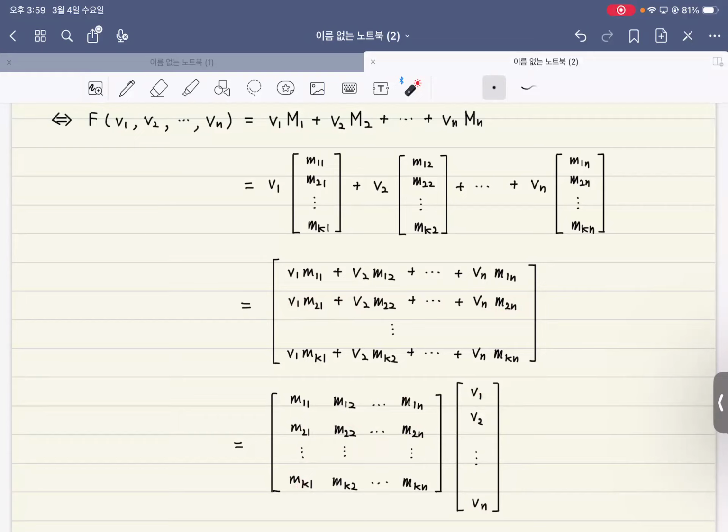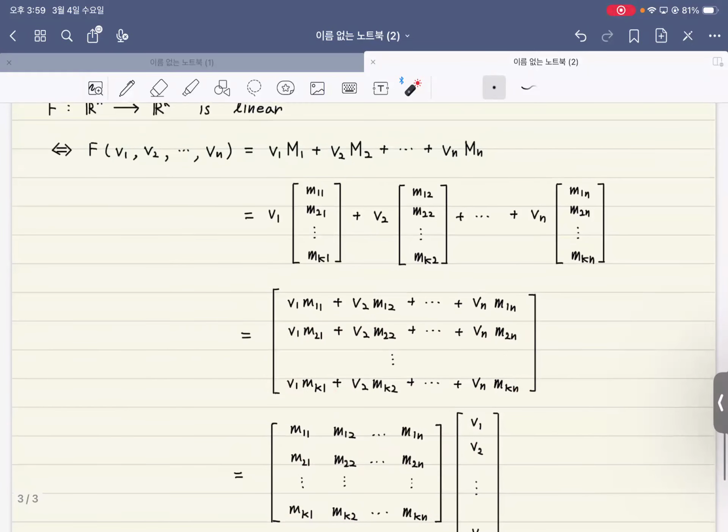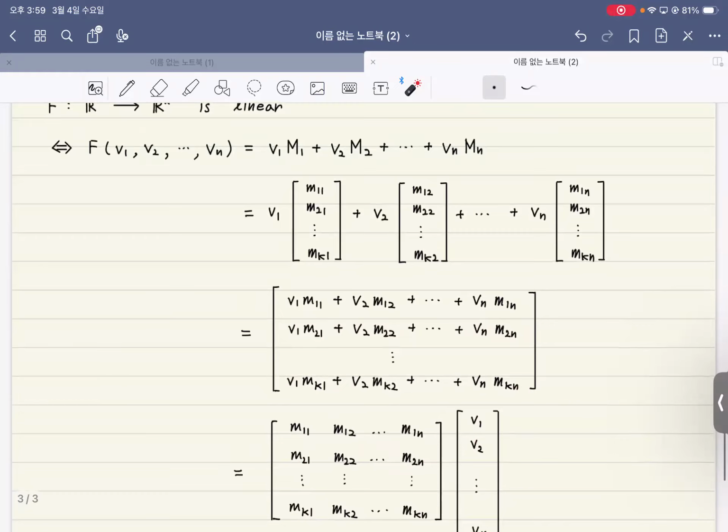Likewise, this guy times this, this guy times that, and you make an addition, then you're going to get this number, right? So the point here is the function value of f at this arbitrary vector can be written as this matrix times another column vector, right?